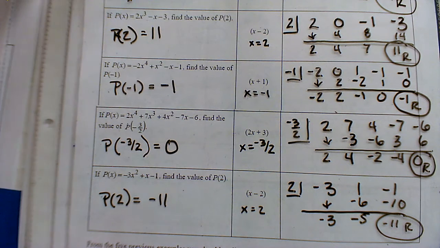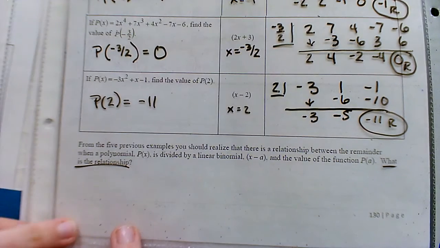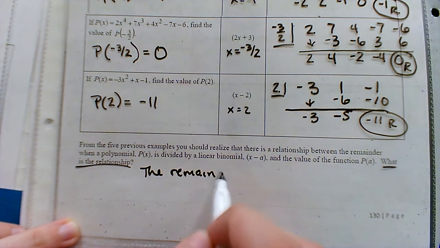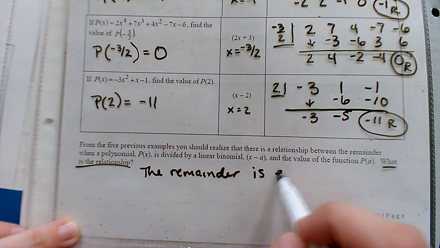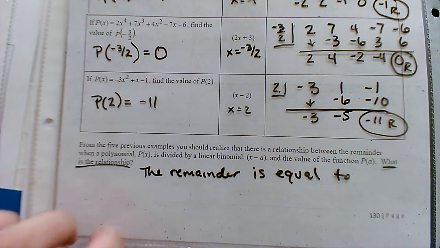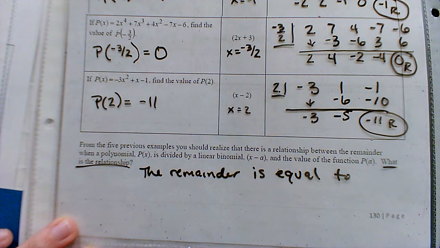Yeah. The remainder is equal to the p of that value. We're going to rephrase that a little bit. I know what you mean and you know what you mean.